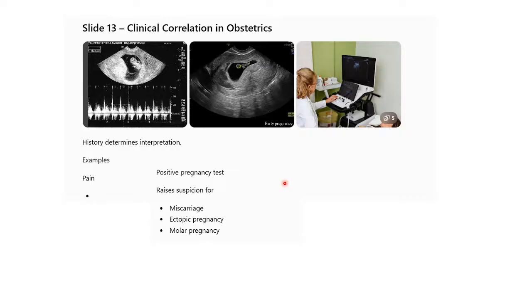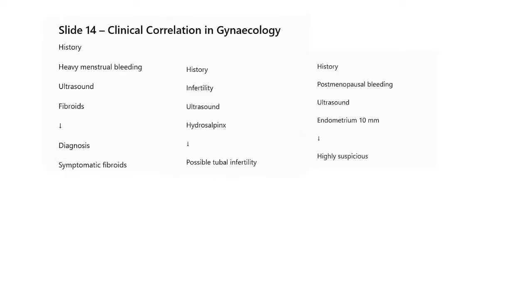So if someone comes with pain, and they've got a positive pregnancy test, this raises suspicion for miscarriage, ectopic pregnancy, molar pregnancy. Else, if there is no positive pregnancy test, it could be PID or some other pelvic lesions, abscesses, for instance.